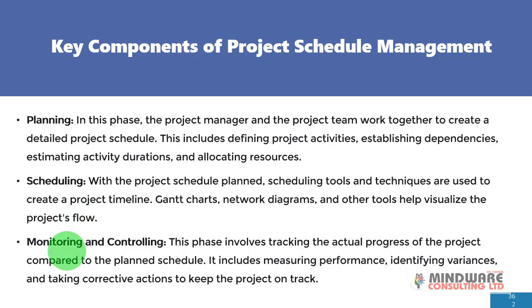While that is going on, you are monitoring. What are you executing? You are executing what you have already planned and scheduled. So while you're doing that, you are monitoring to know whether what is going on in the project is in tandem, is in sync with what you have on paper in your planning phase. I don't know if you're getting that now.